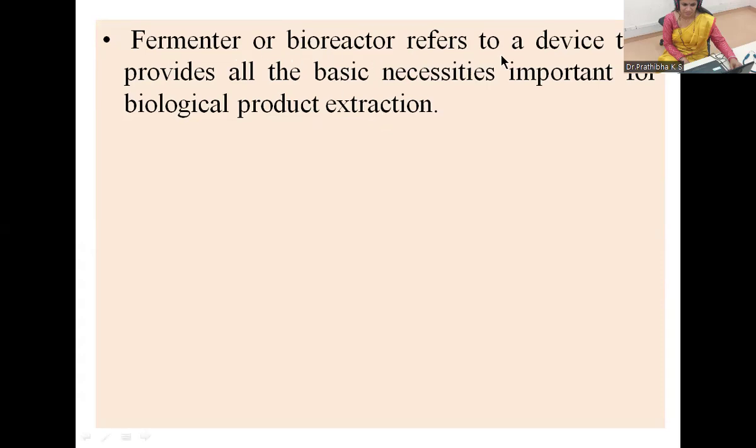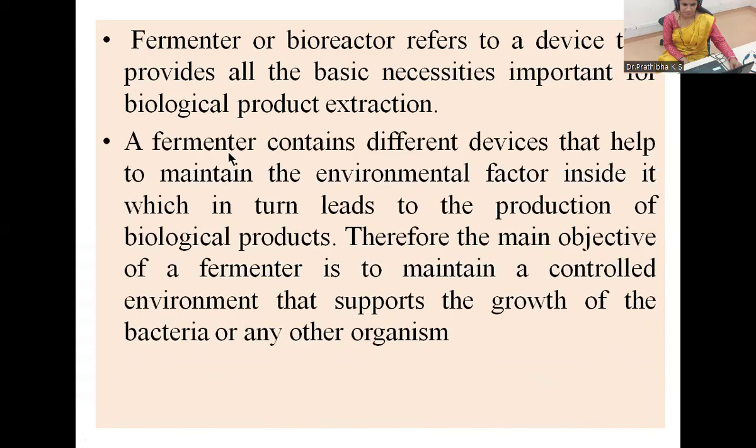Fermenter or bioreactor refers to a device that provides all the basic necessities important for biological product extraction. A fermenter contains different devices that help to maintain the environmental factors inside, which in turn leads to the production of the biological products. Therefore, what is the main objective of the fermenter?